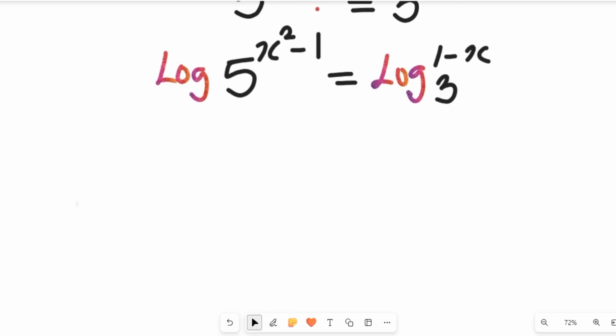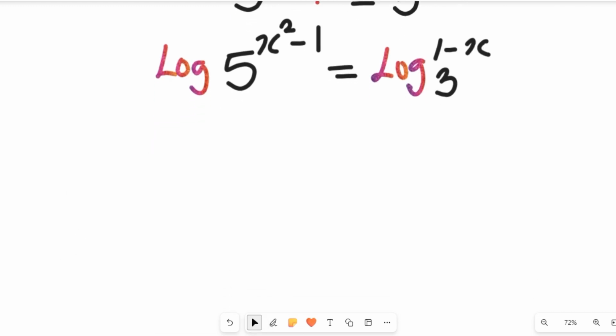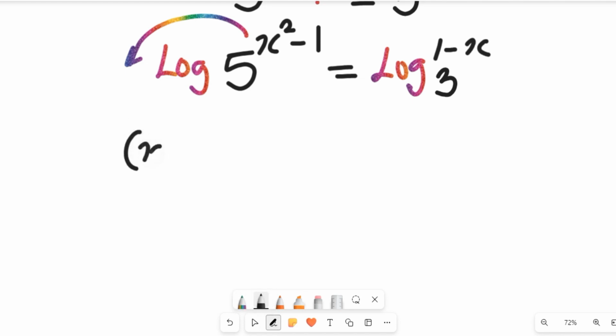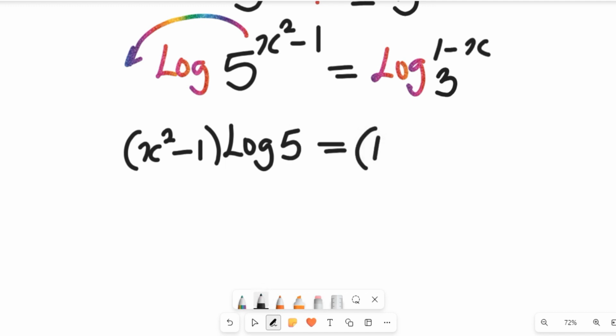Now, having done this, we will use the common laws of logarithm, which shows that the powers will always multiply the whole logarithm. So if we do that, we'll have x squared minus 1, right, multiplied by the log of 5 equal to 1 minus x multiplied by the log of 3.